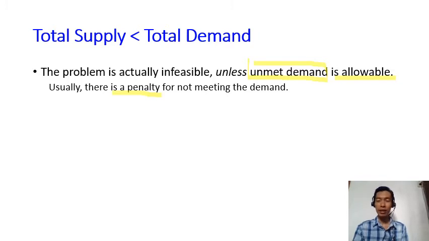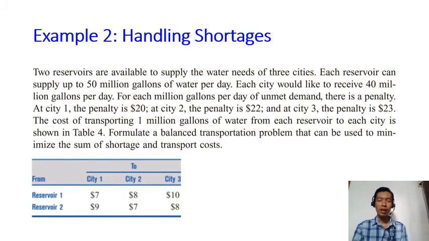Let's see an example of this kind of problem. In this example, we have two reservoirs that supply water to 3 cities. Each reservoir can supply up to 50 million gallons of water per day. So the total supply that we have is 100 million gallons.